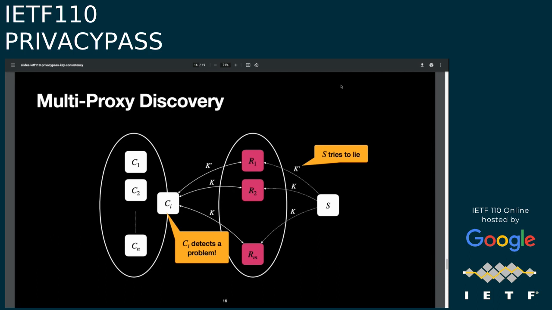So the server could try. In this particular example, it vends out K prime to the first relay, which is then forwarded back to the client, and the client discovers, I didn't receive the same view of the key for each request, so perhaps there's a problem.